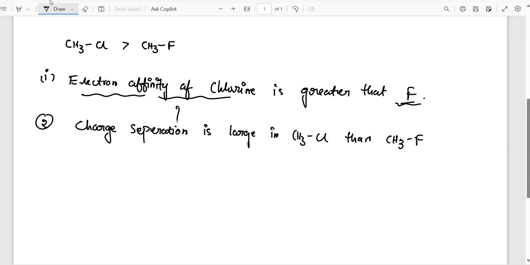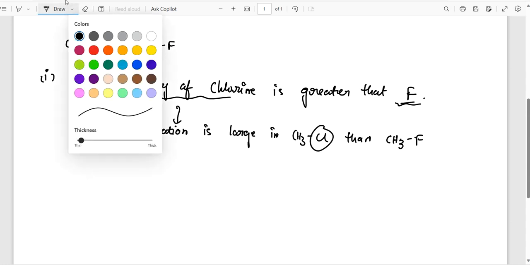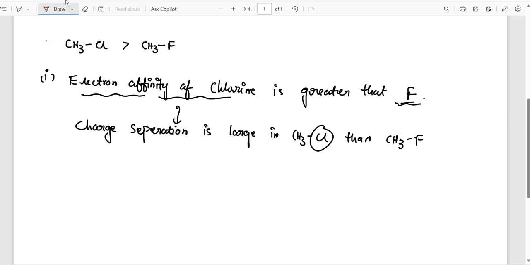This is a continuation, not the second point. This is the explanation of the first point. Electron affinity of chlorine is greater than fluorine. Why? Because the charge separation is large. Why? Because the size of chlorine is larger than the size of fluorine. That's why the charge separation increases, and the dipole moment also increases.